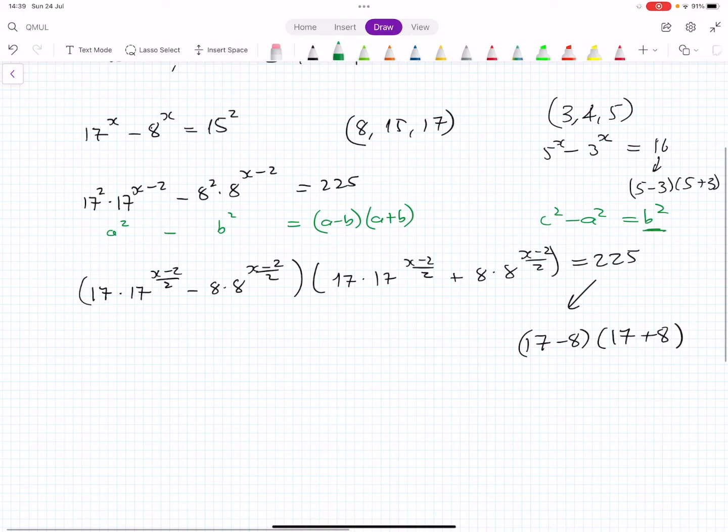So you can always write b squared as a difference of squares for any Pythagorean triple.